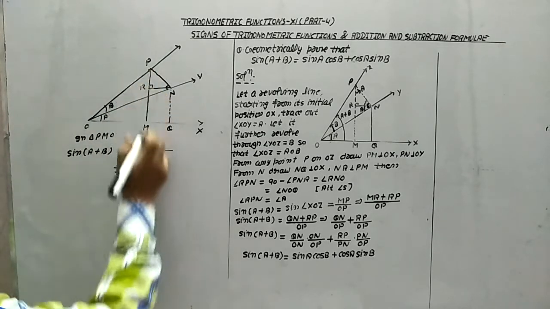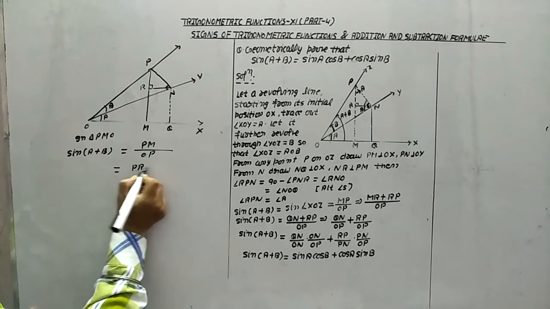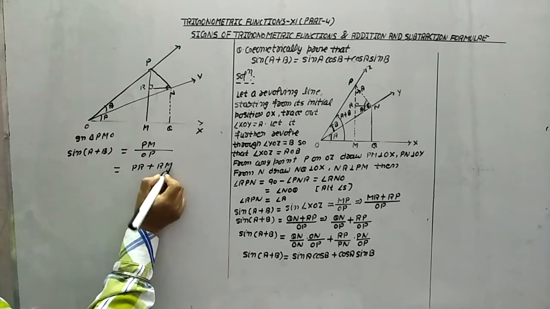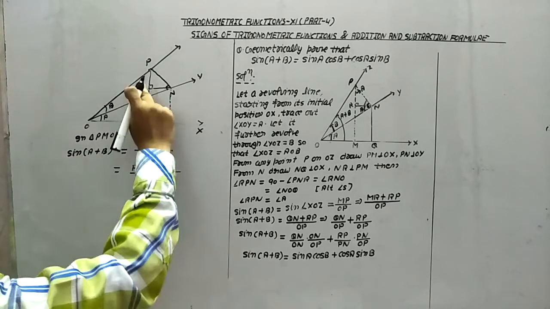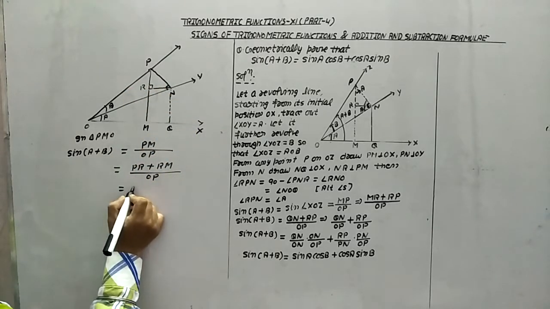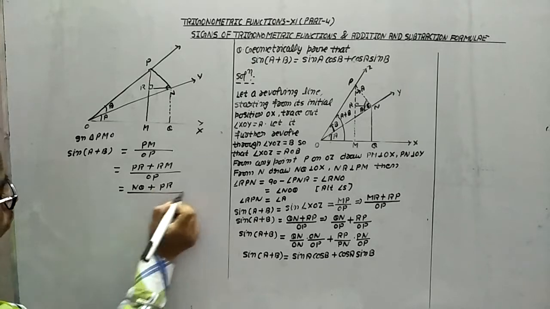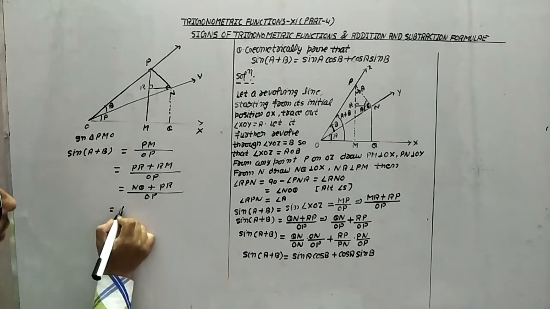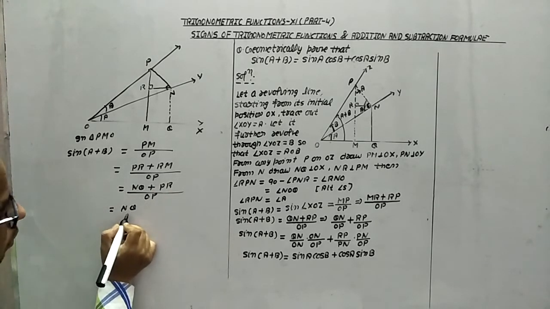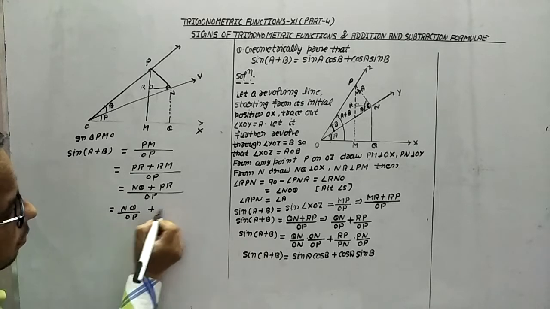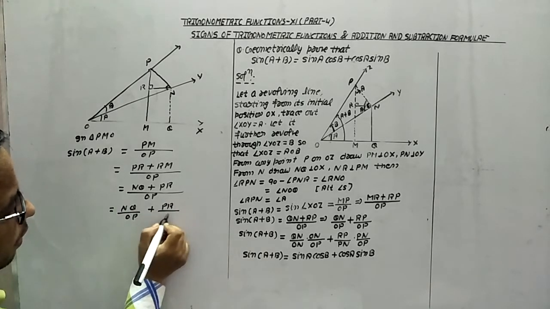Now PM, how can we break this PM? PM means PR plus RM upon OP. Now RM is equal to NQ. It means NQ plus PR upon OP. Now make it separate: NQ upon OP plus PR upon OP.